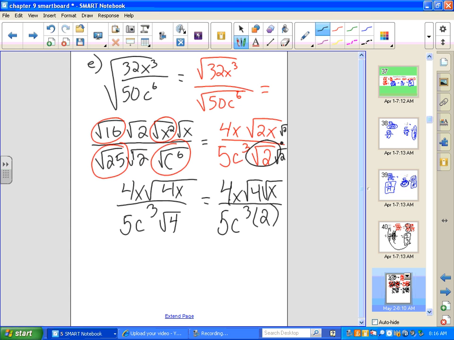Yep. So the bottom would be 10c cubed. Sean, what would the top be? Good. 8x square root of x because the square root of 4 is 2, like Sean told us. And 2 times 4 is 8. Now, Alyssa, what else could we do?